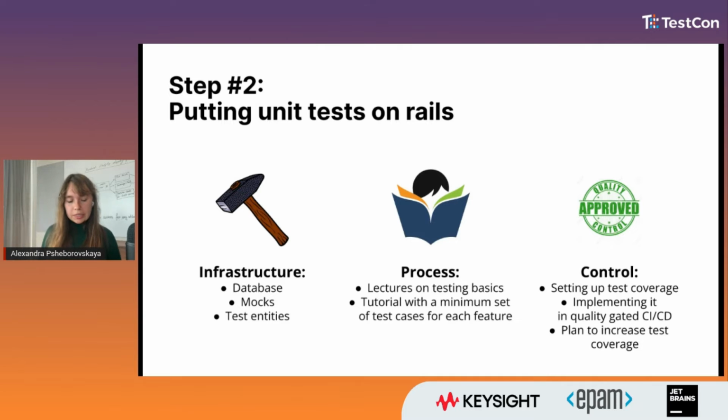And unfortunately, even if you do both of these things, you still have no guarantees that the unit tests will actually be written. So your next course of action is to provide control by setting a required level of test coverage for unit tests.